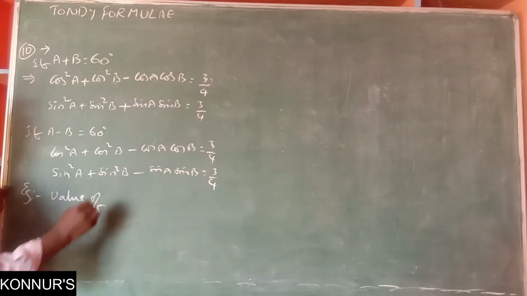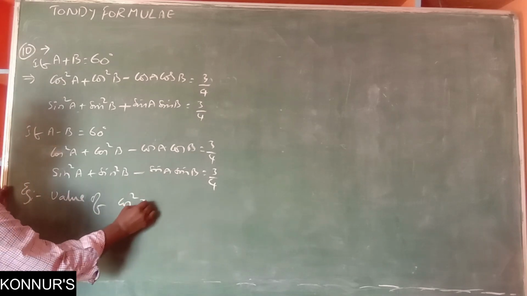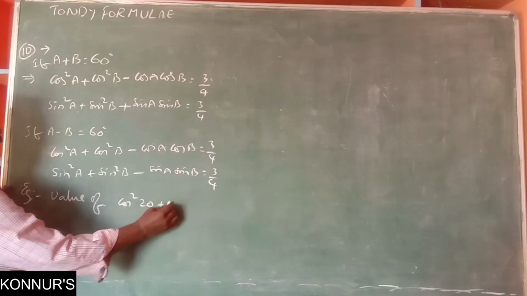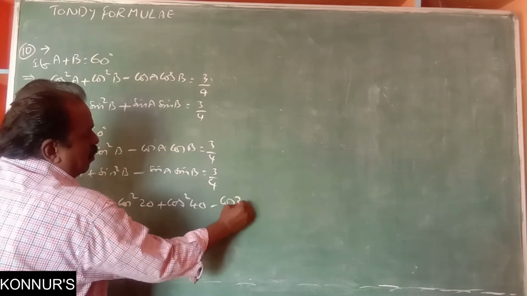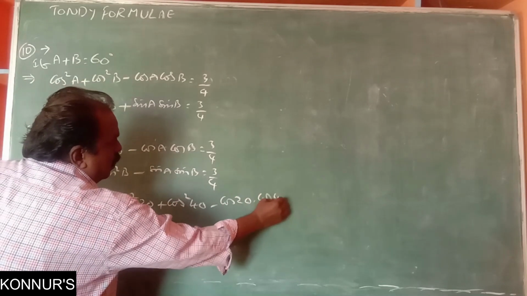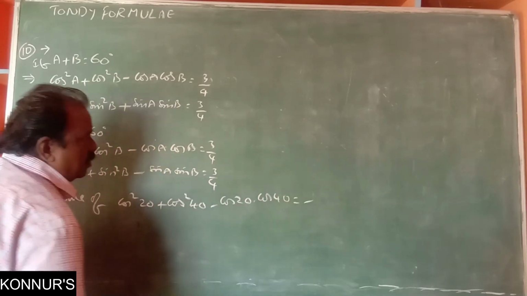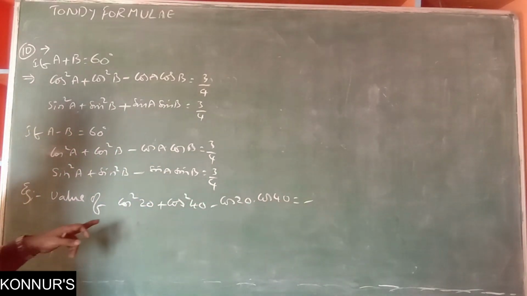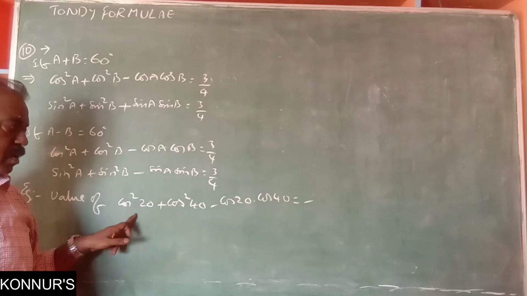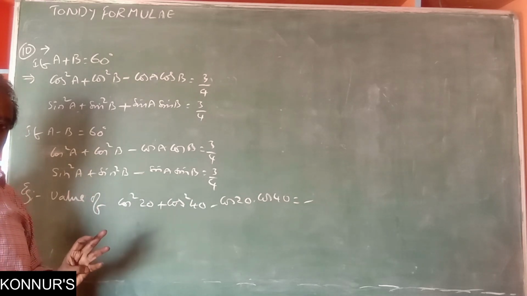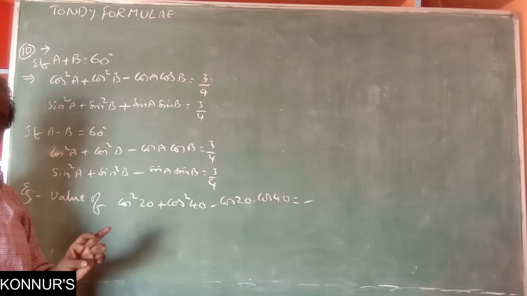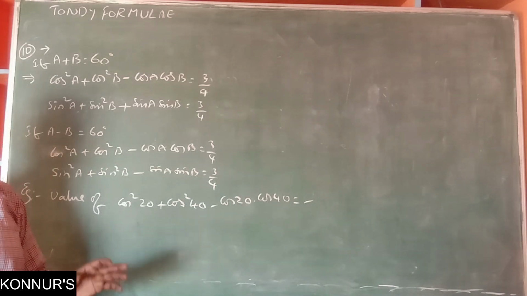Simply, the value of cos square 20 plus cos square 40 minus cos 20 cos 40 is asked in the exam. You see, we don't know cos 20 or cos 40. We know it in the table: cos 0, cos 45, cos 30, cos 60 and cos 90.